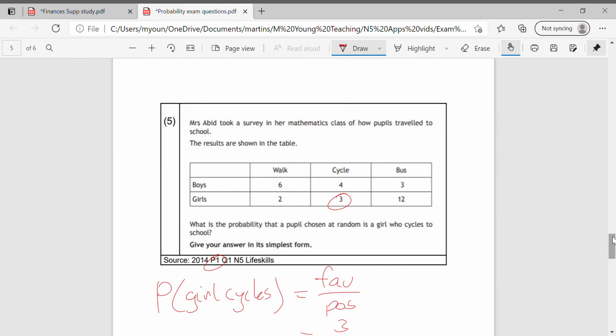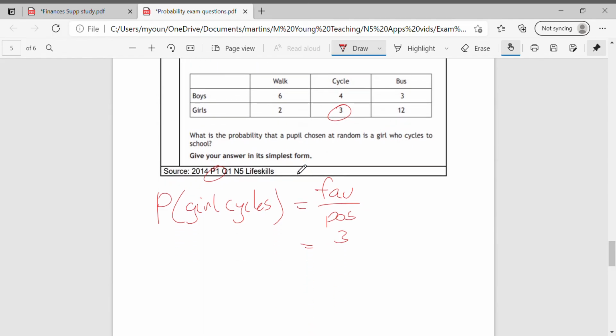So the total for this one is going to be all of these added up. We'll just do that on the side. So the total is going to be 2 plus 3 plus 12 plus 6 plus 4 plus 3. 2 plus 3 is 5. That'll be 17.